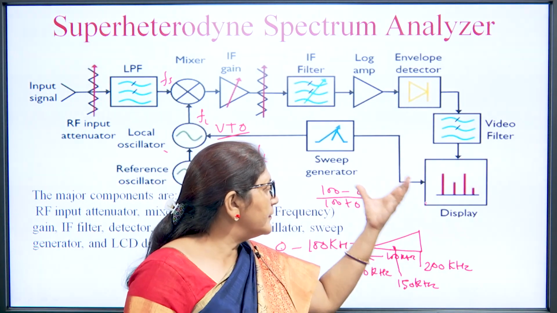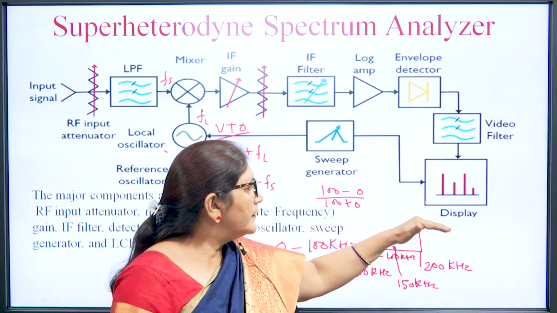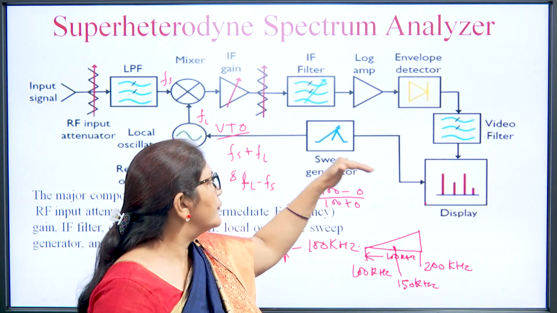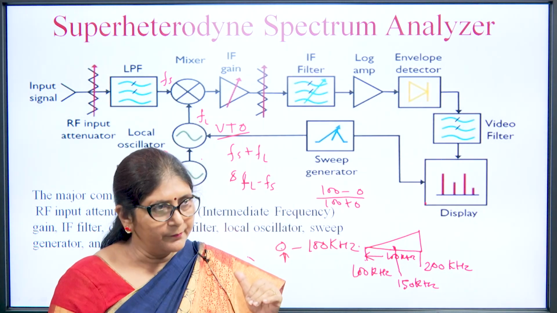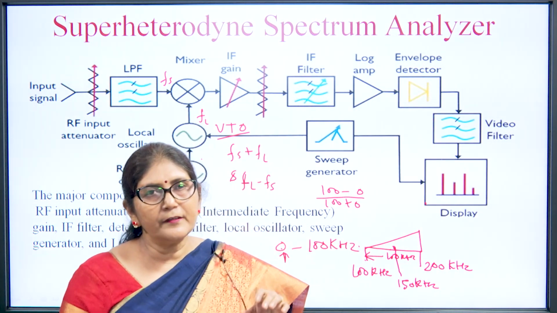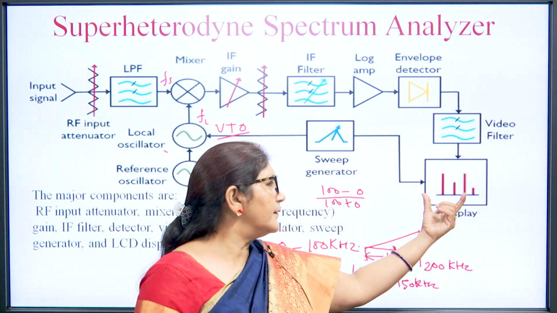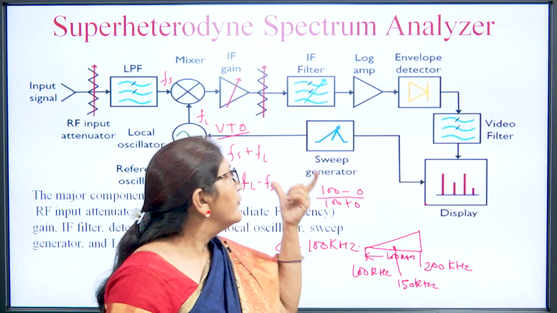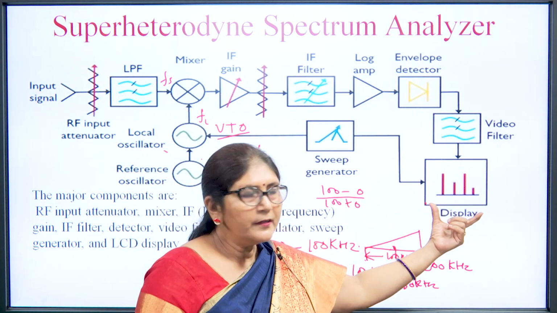Although the X plate of this CRO is fed with the sweep generator, the sweep generator is not displaying the time domain of the signal, it is displaying the signal in the frequency domain. It will select the frequency that passes through the IF filter circuit and that is displayed on the screen.